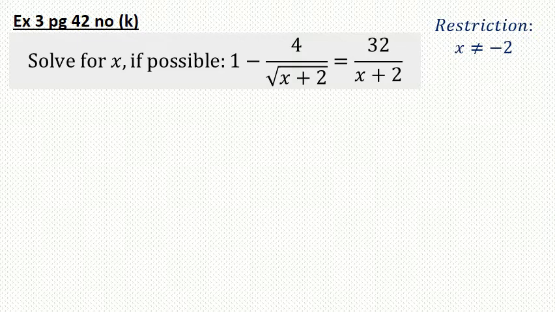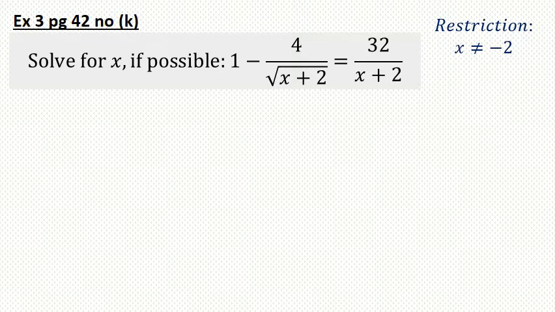Here, if x plus 2 was equal to 0, we would have undefined fractions. So if x plus 2 is 0, x would be equal to -2. So we cannot have x being equal to -2, and we list it as a restriction from the get-go.